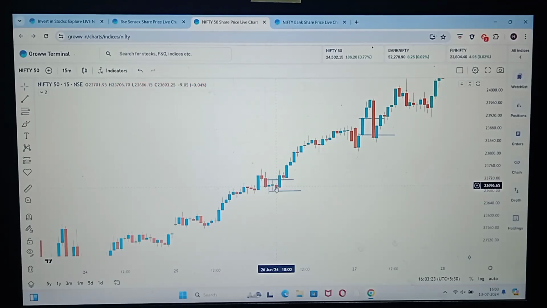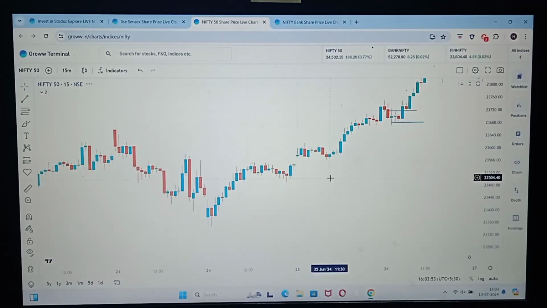This is an inside candle, 10 a.m. This 10:15 candle broke the high with the body, we'll take a trade here itself, a small 10-15 points trade, and when it comes down our trailing stop loss will hit. Again you can see this is a kind of inside candle, again here we will initiate our trade 1 2 3 4 5 6 7 8 boom, 100 points we are getting, easy 100 points we are getting.